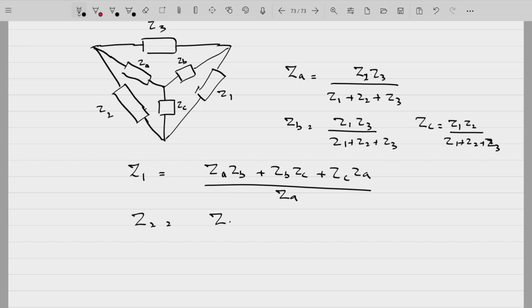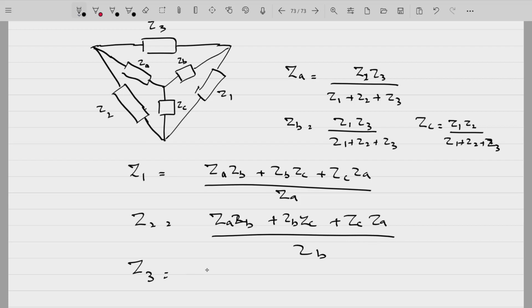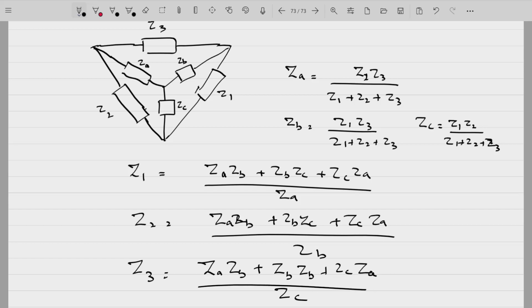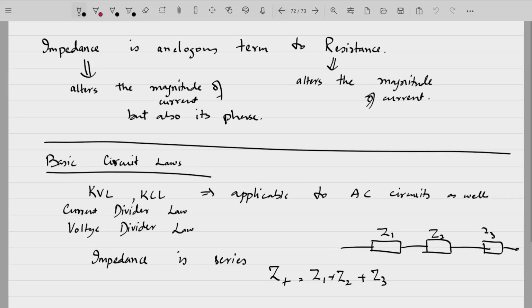Z2 will be equal to ZA ZB plus ZB ZC plus ZC ZA divided by ZB, and Z3 will be equal to the same numerator divided by ZC.